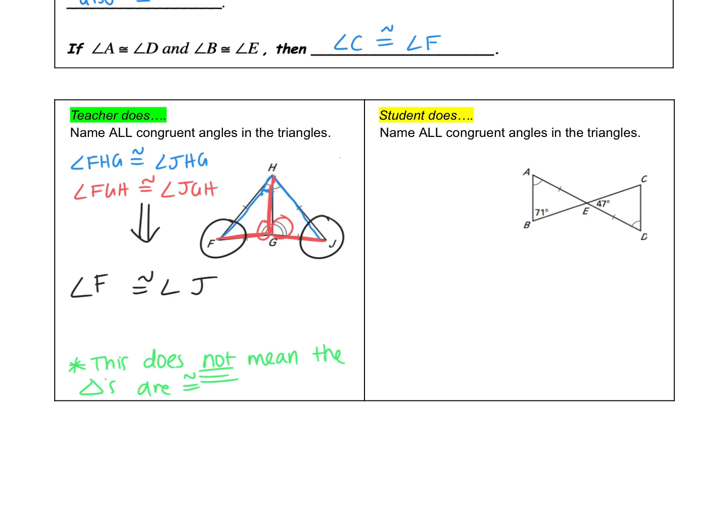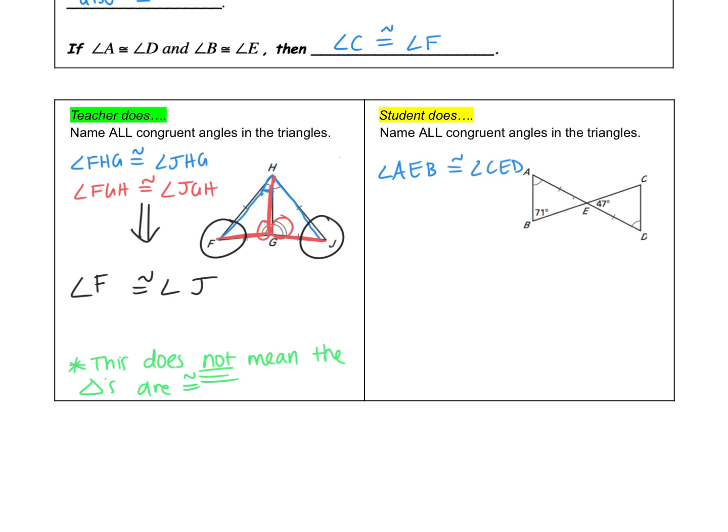I'm going to ask you to tell me some of the angles that are congruent, so hopefully we feel okay about this. Thomas, can you give me one pair of angles that are congruent? AEB to CED.